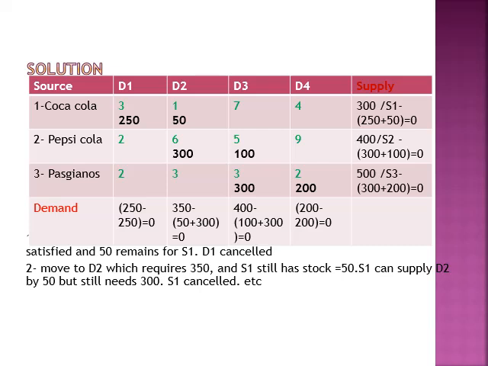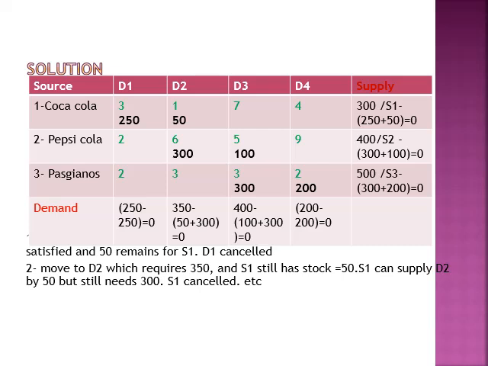Let's see. So Coca-Cola has 300 units. We mentioned that we have to start from the first cell. The first cell is represented by the row of Coca-Cola and the column of D1.